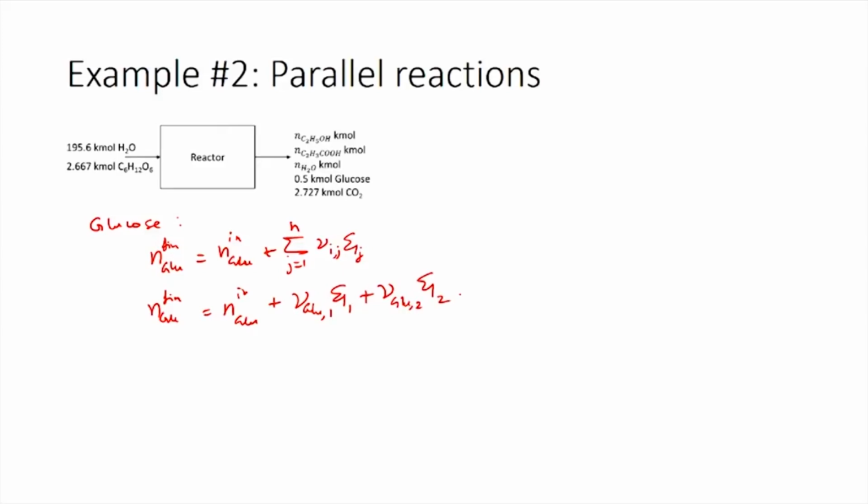The stoichiometric coefficient of glucose in both the reactions is 1, and we know the number of moles of glucose in the final condition and the initial condition.